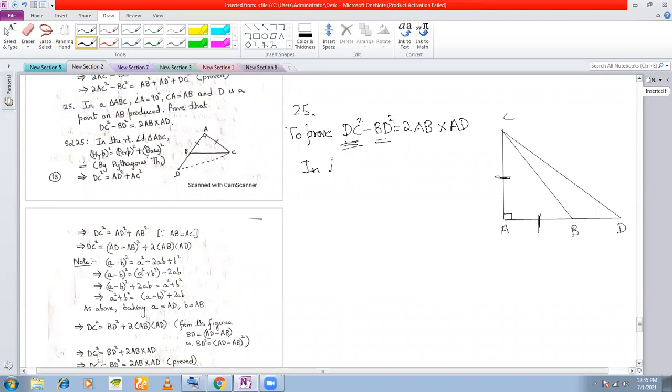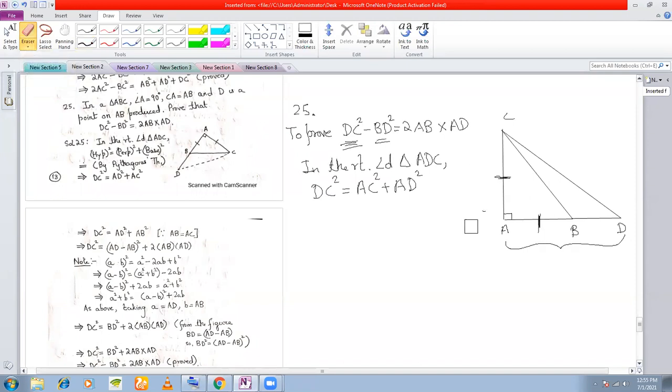So in the right angle triangle ADC, hypotenuse here is DC. DC square is equal to AC square, this is your perpendicular, and this is your base AD, right?